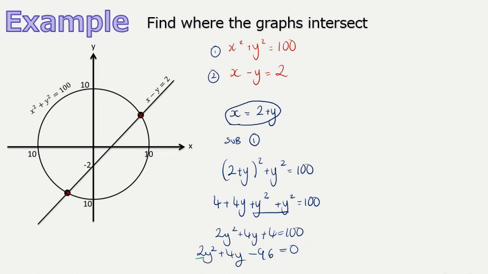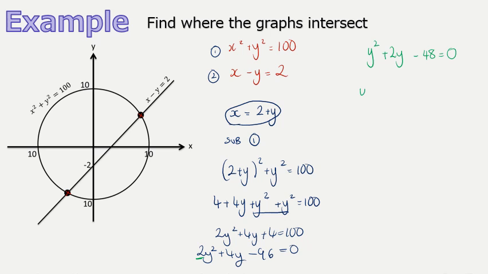I look to see whether I can get rid of this coefficient of 2 because it makes factorising a whole lot easier, and I can because all the numbers are divisible by 2, so I can make it a lot easier for myself by dividing everything by 2 and getting y squared plus 2y minus 48 equals 0.